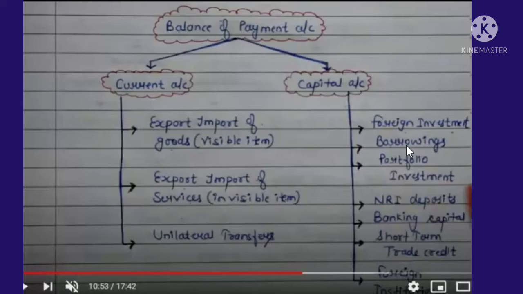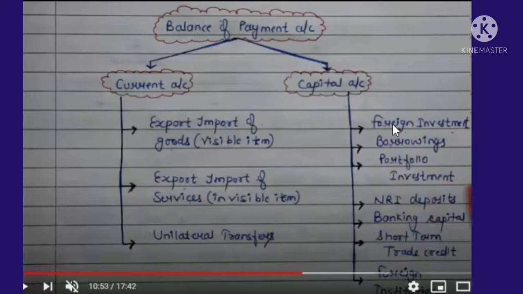So when some agency takes over that industry, that's known as foreign direct investment. Next is borrowings. In a time of need, if anyone wants some money, it may be official transactions or private transactions, and that is known as borrowings.